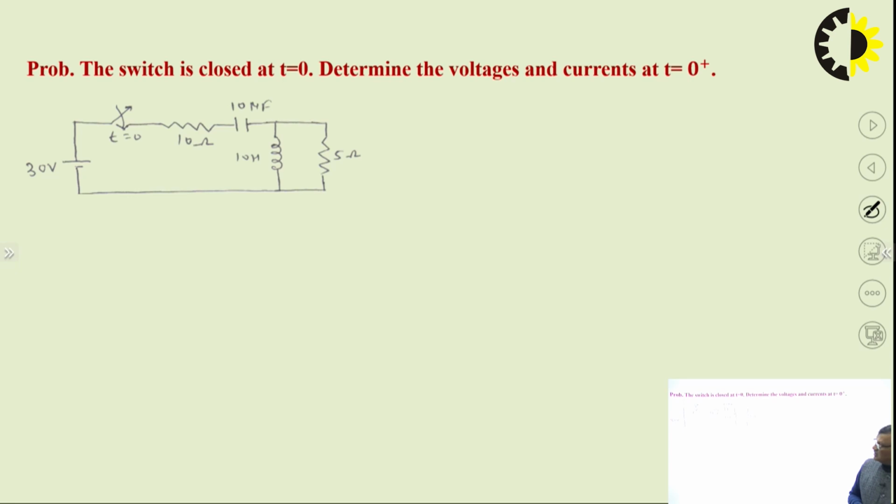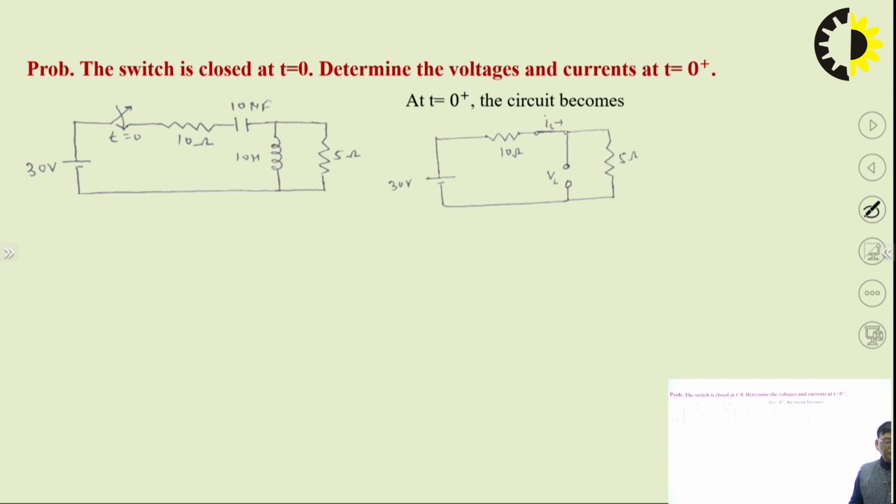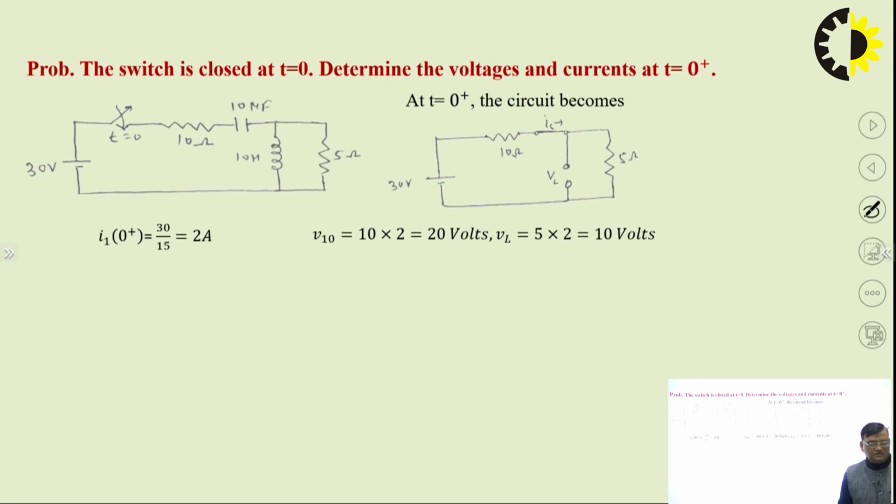Now, come to another problem: the switch is closed at t equal to 0. Determine the voltage and currents at t equal to 0+. So, at t equal to 0+, the circuit becomes like this. Inductor behaves as an open circuit and capacitor behaves as a short circuit. So, we can find i1(0+), that is 2 ampere, and V10, the voltage across the 10 ohm resistor, is 2 into 10, that is 20 volt.